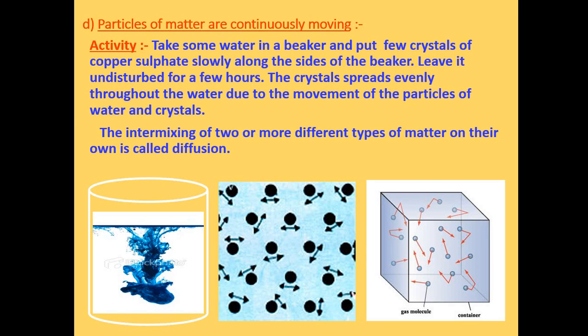This can be explained on the basis of motion of copper sulfate particles and water particles. Here diffusion process takes place. The spreading of blue color of copper sulfate crystals in water is due to the movement of both water and copper sulfate particles.